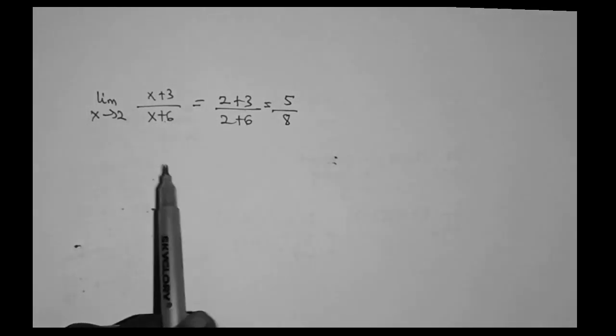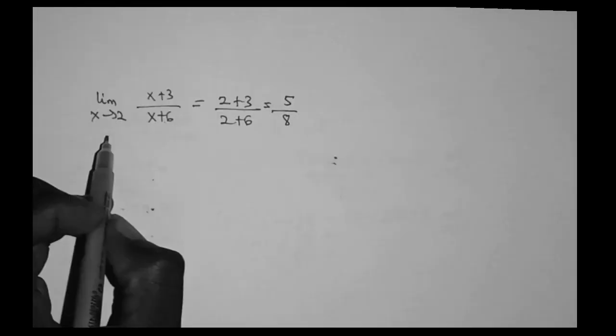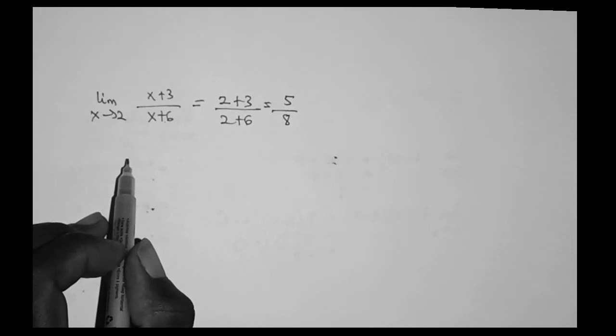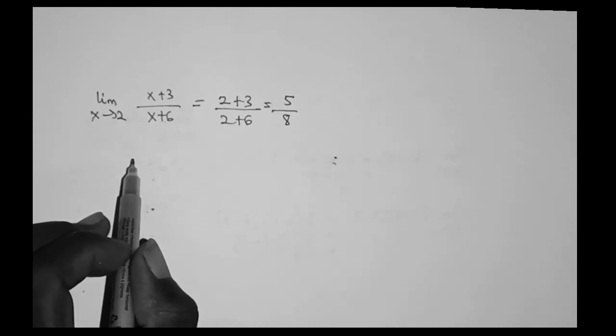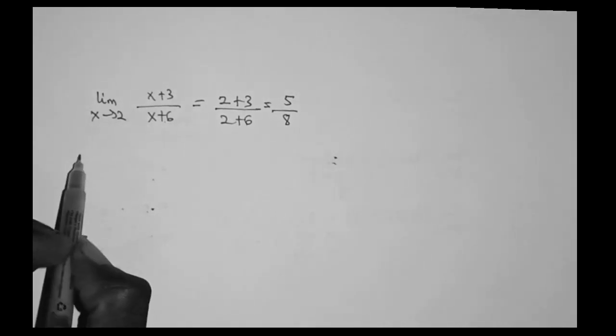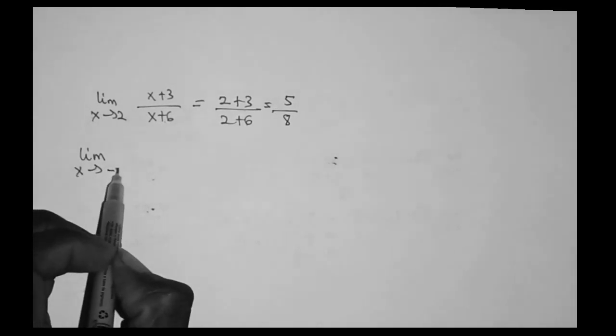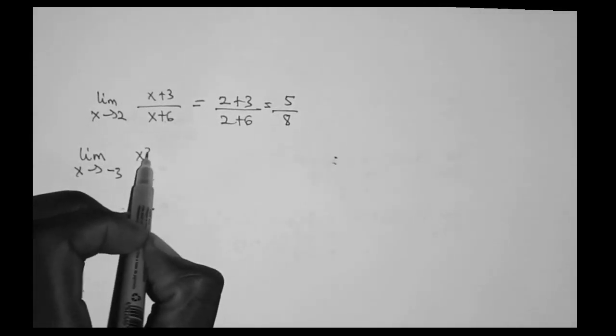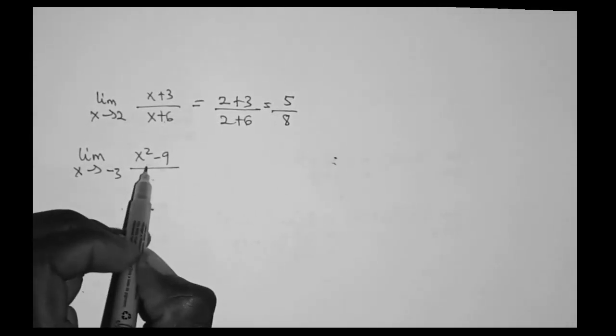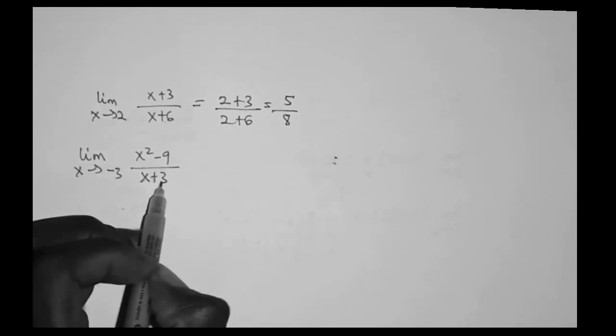Now let's look at the factoring method in rational functions, finding the limits of rational functions using the factoring method. For example, let's find the limit as x approaches minus 3 of x squared minus 9 divided by x plus 3.